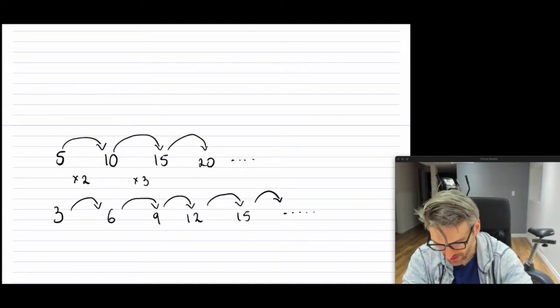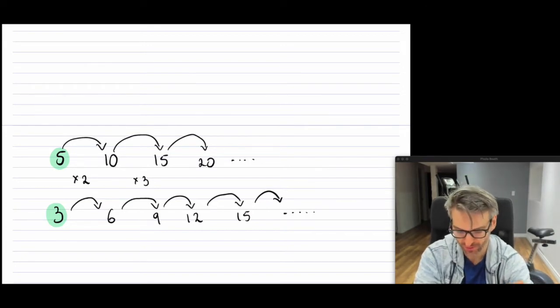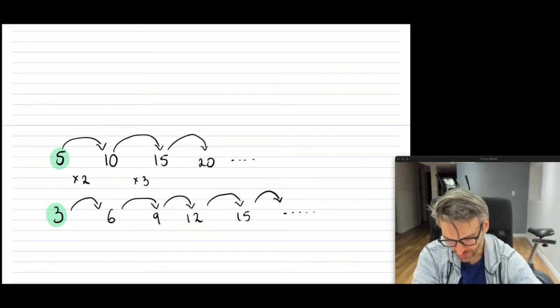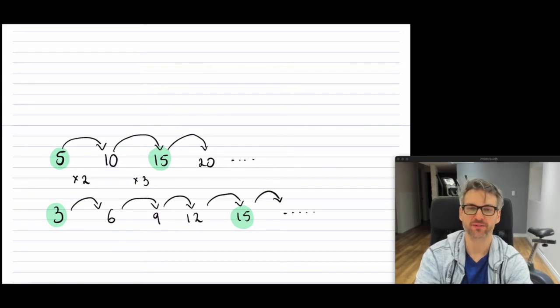So with the number 5 and the number 3, to find a common multiple, I can list all the multiples and then check. For 5, it's 10, 15, and then 20. For 3, it's 3, 9, 12, and 15. So the first multiple that both share is 15, because 5 goes into 15 and 3 goes into 15.